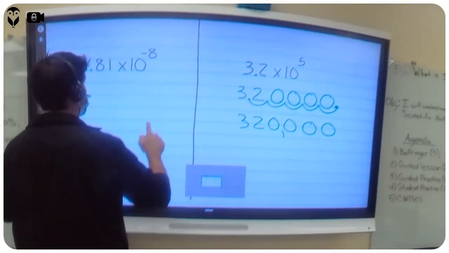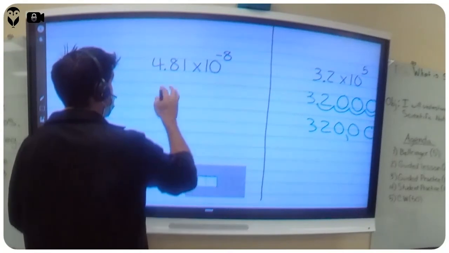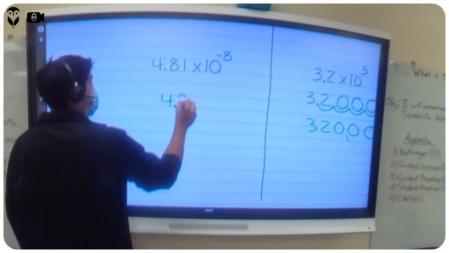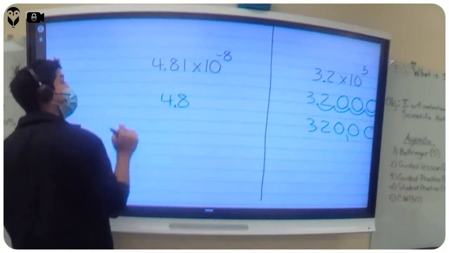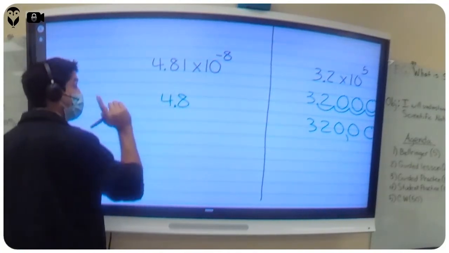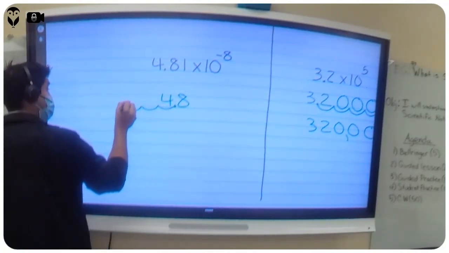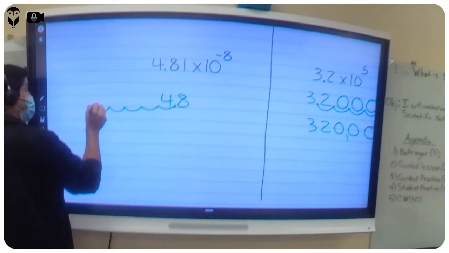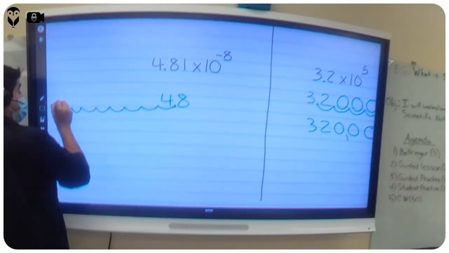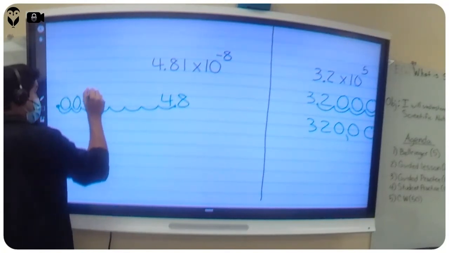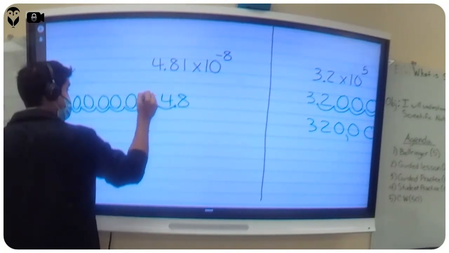And then the last one here, 4.8, okay? 4.8, and I'm moving it, making it smaller, so it's going this way, and I'm moving it 8 times. So 1, 2, 3, 4, 5, 6, 7, 8. Here's its new location. So check these zeros out.